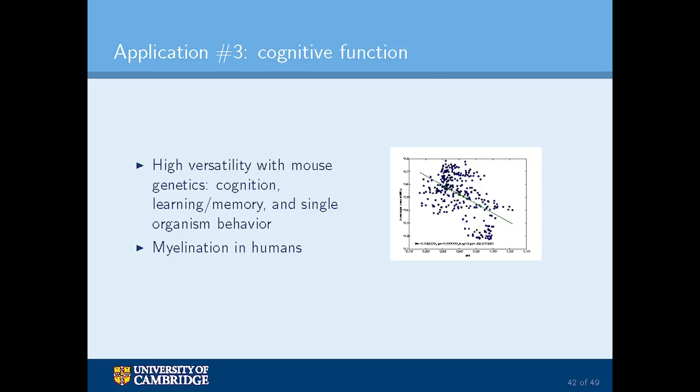Myelin insulates your fibers, so it stops the electrical activity from spreading to outside portions of the brain, which intuitively you would think, hey, that's probably related to how well they keep within their module in networks. And it turns out that is the case. And so the regions that have high versatility are the regions with low amounts of myelin.